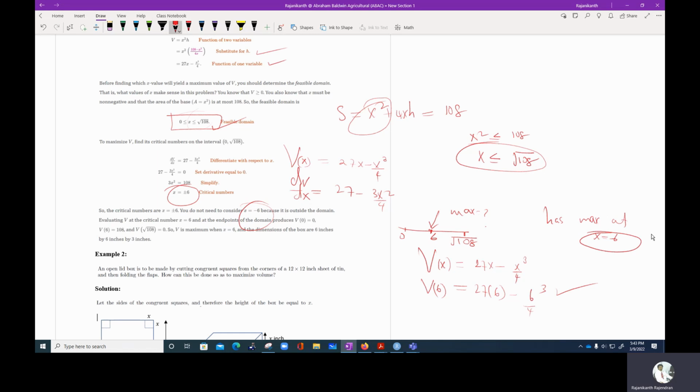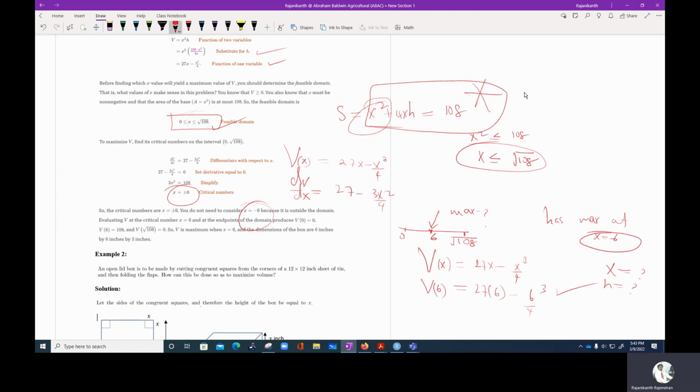Once you know x, how do you find the height? Remember, you need to find both x and h, right? These are the dimensions of the box. Once you know the x value, go back to the condition function, x squared plus 4xh supposed to be 108. Use this function, plug in x = 6 here and solve for h.